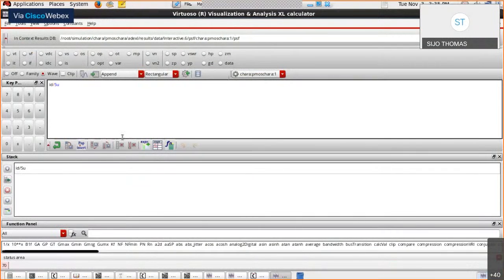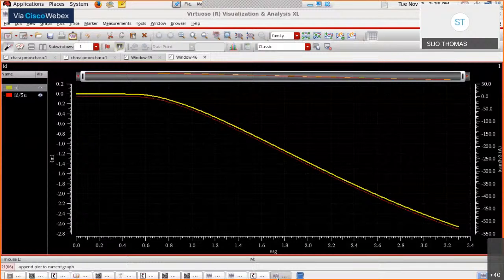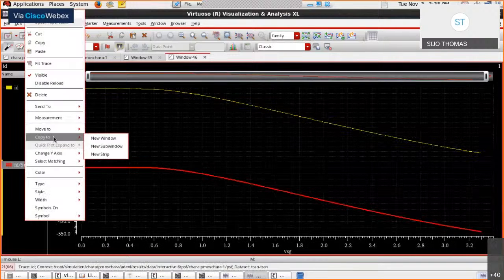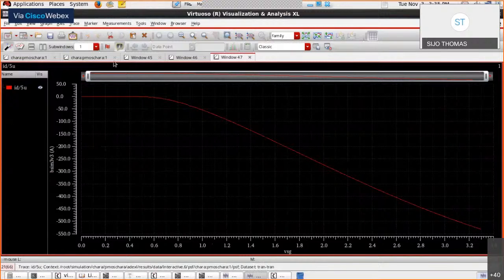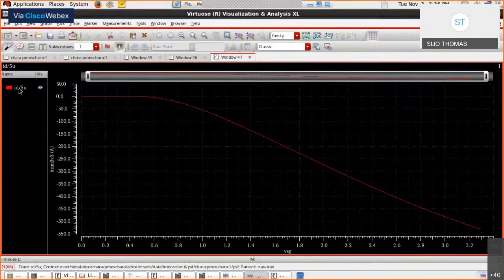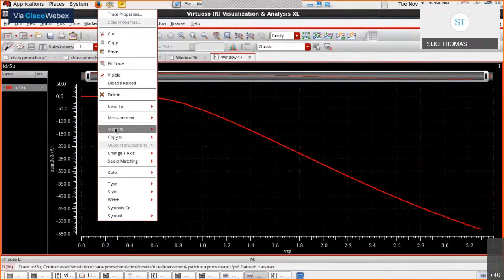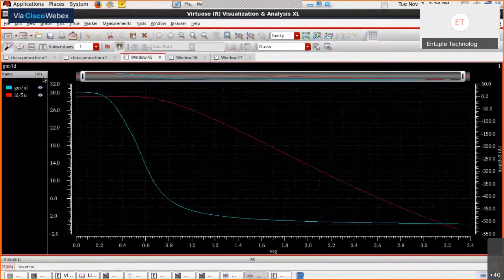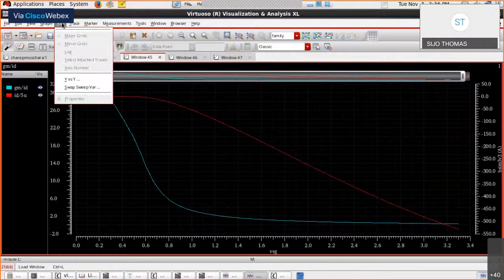Can find the current density from the calculator. Yeah, so we can plot current density across GMO, right?